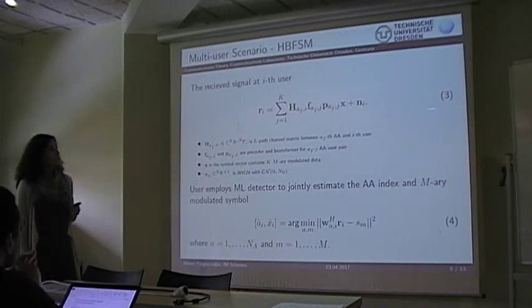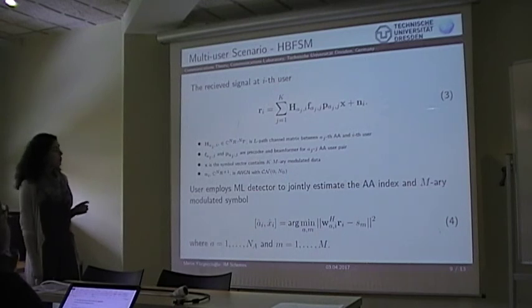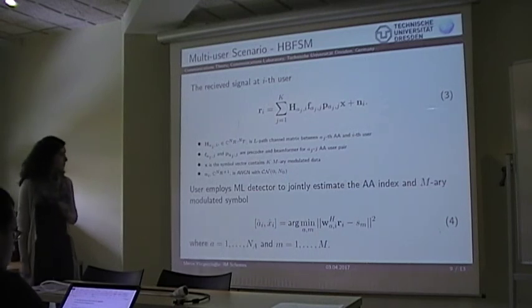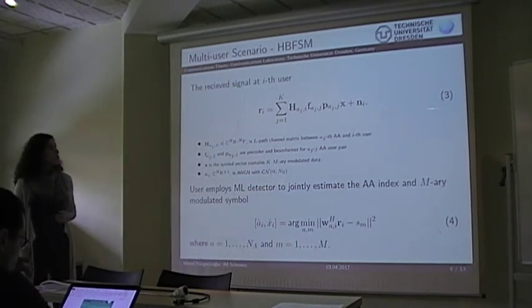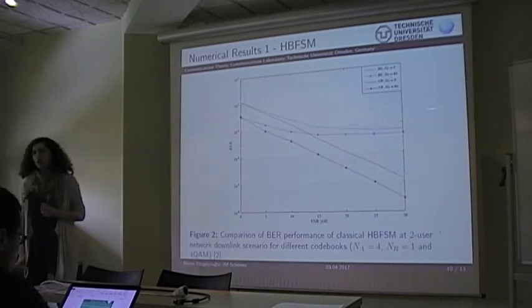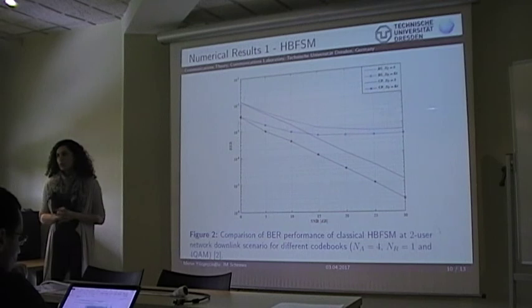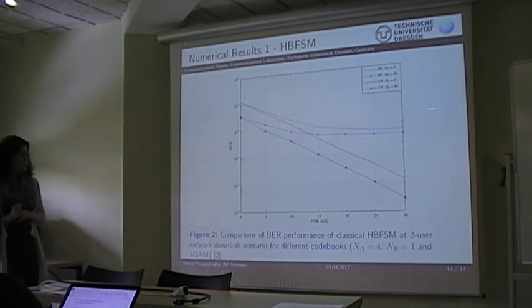F and P are the analog beamformer and digital precoder. X is the symbol and N is the noise. An ML detector is used to decode data. For this case, I would like to show you two different figures to show the performance of the system.